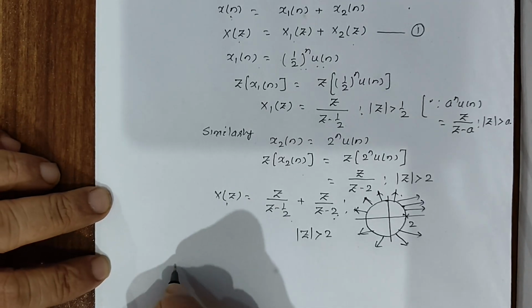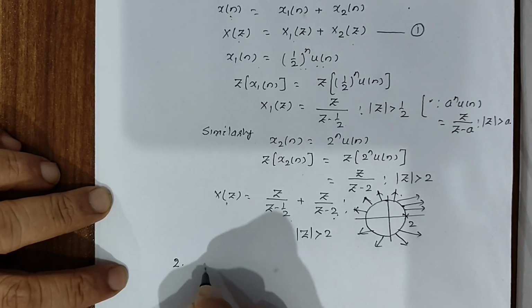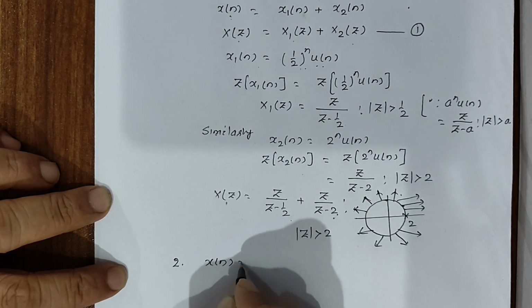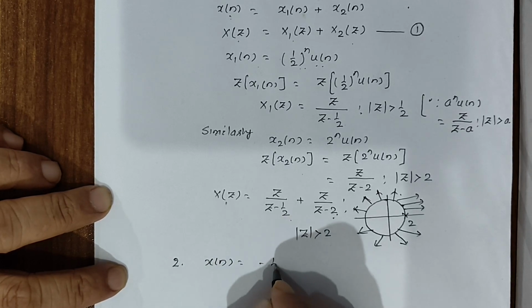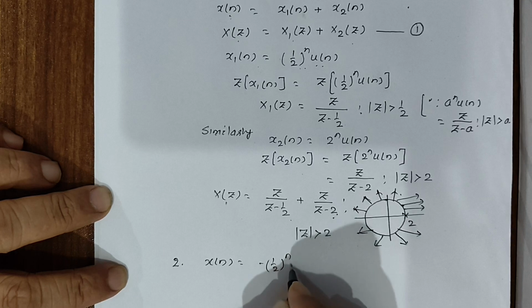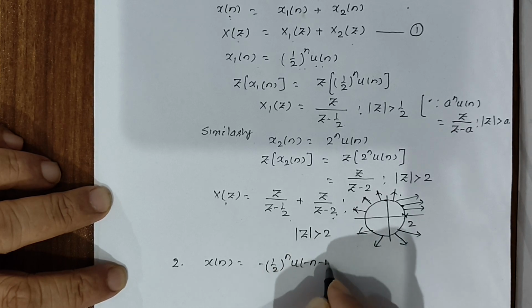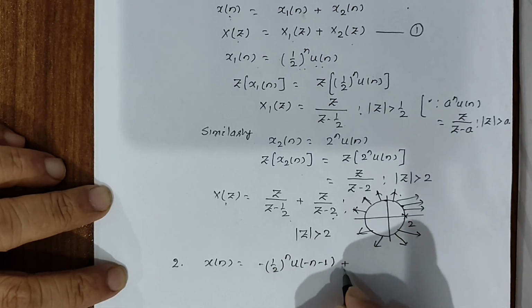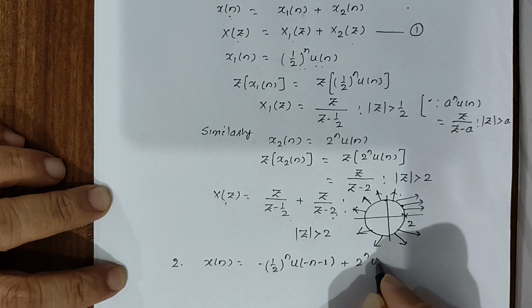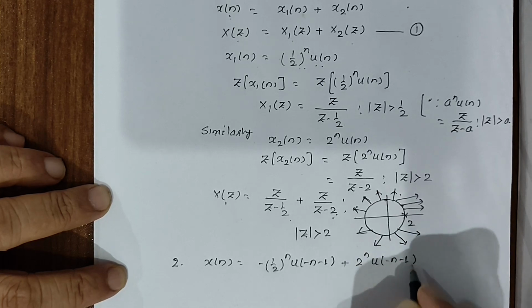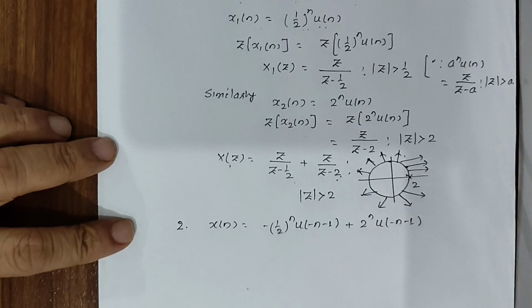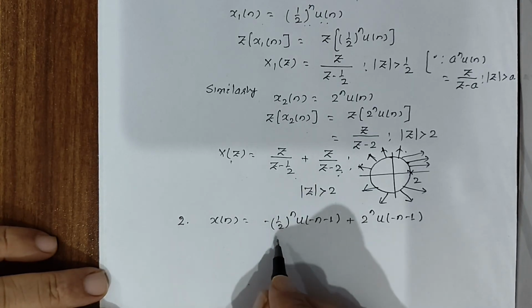The second question is given as x of n equal to minus 2^n u of minus n minus 1 plus 2^n u of minus n minus 1.